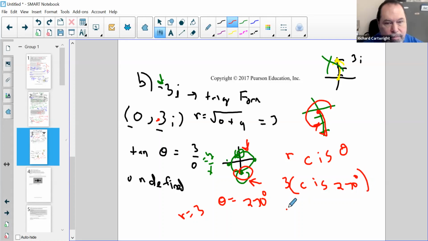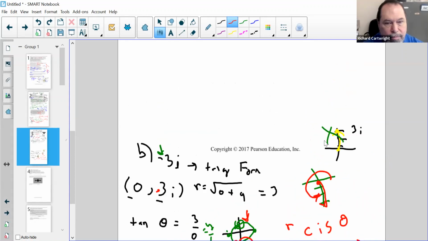Or you could write 3 and be really fancy, cosine of 270 degrees, comma, i sine of 270 degrees, and I can't go any further. That's the disadvantage of doing it here.